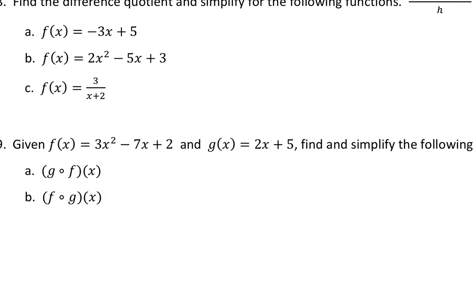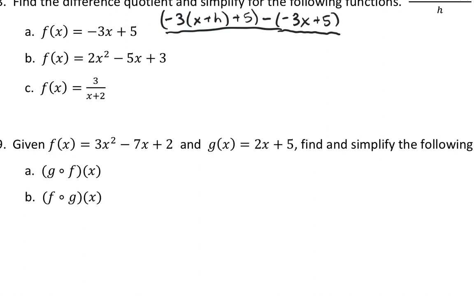Okay, for number 38, we're going to find the difference quotient and simplify it for all of the following functions. And so for part A, we have f of x is equal to negative 3x plus 5. So we're going to say we have this difference quotient here where we have negative 3 times x plus h plus 5 minus negative 3x plus 5.